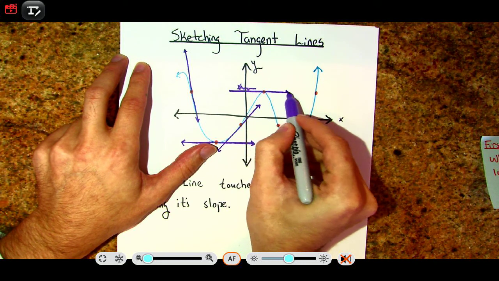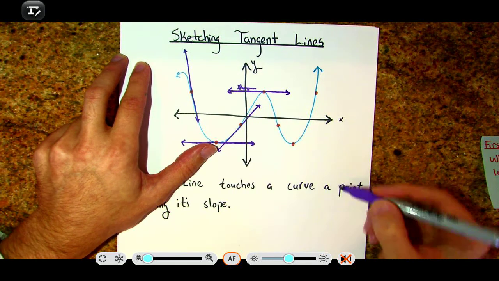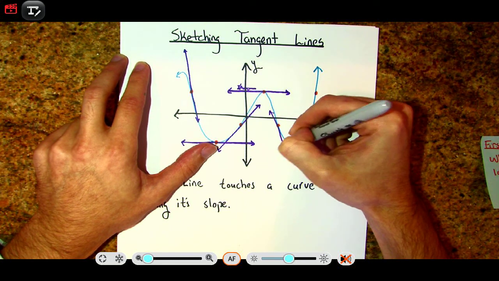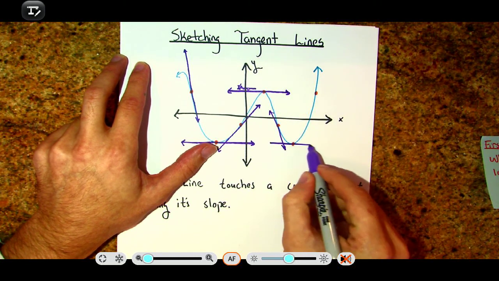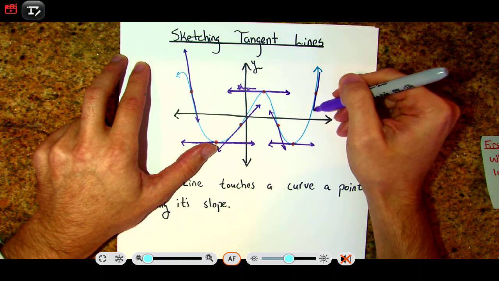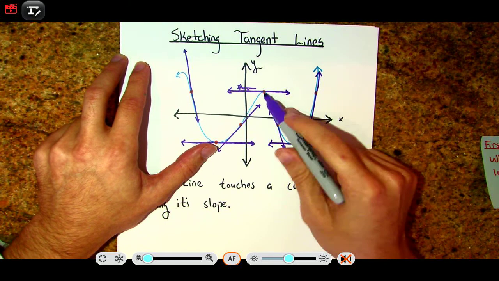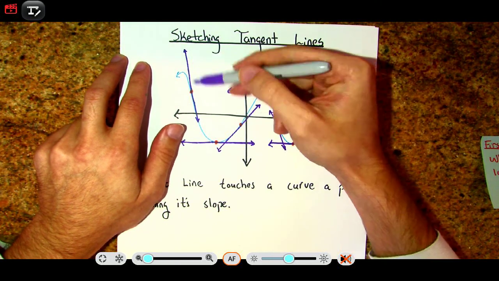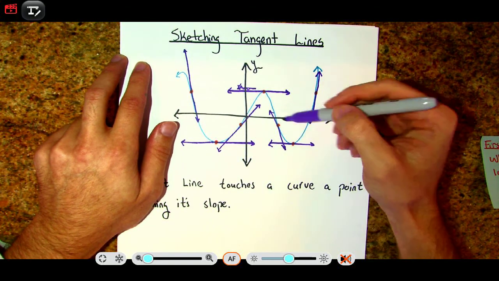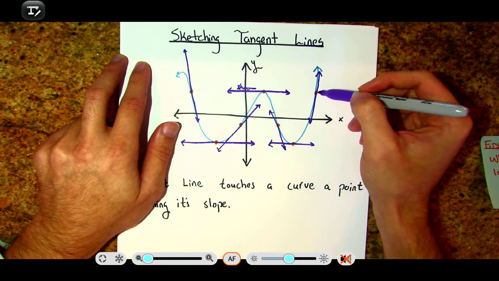Notice that this tangent line only hits this point on the curve. What about here? We could do something like this, and something like this. Notice that each of these lines is just hitting these points on the curve, and the slopes of these lines are what the slopes of the curve are at those points.